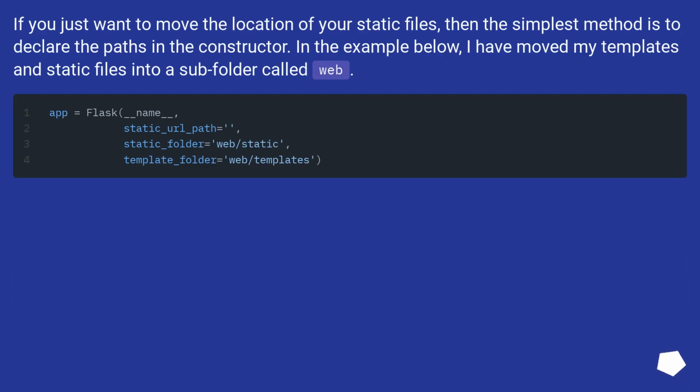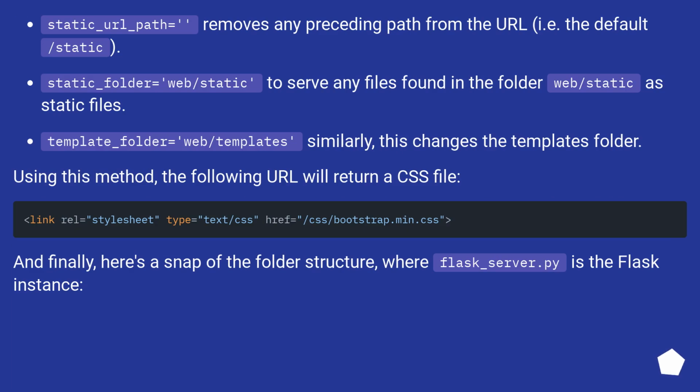If you just want to move the location of your static files, then the simplest method is to declare the paths in the constructor. In the example below, I have moved my templates and static files into a subfolder called web. static_url_path='' removes any preceding path from the URL, i.e. the default /static. static_folder='web/static' serves any files found in the folder web/static as static files. template_folder='web/templates' similarly changes the templates folder.